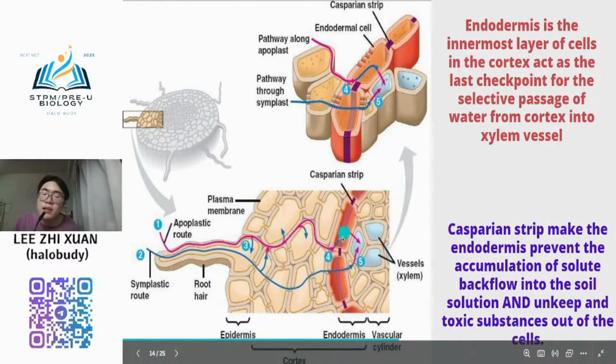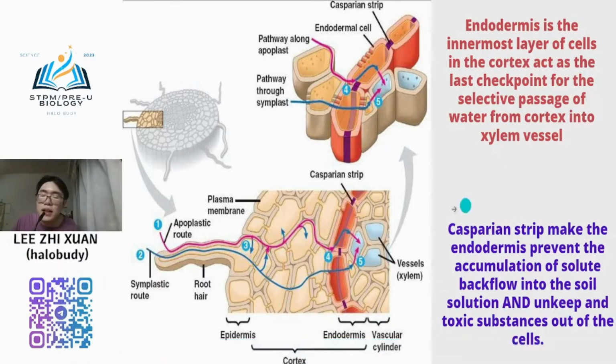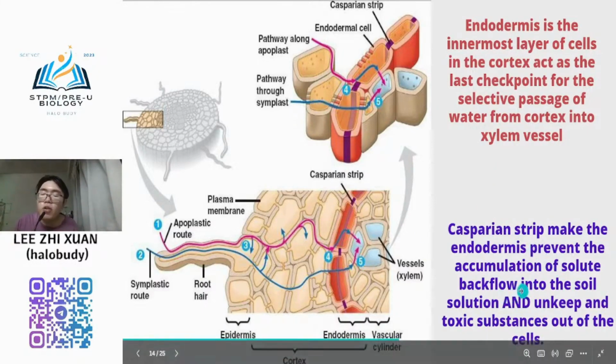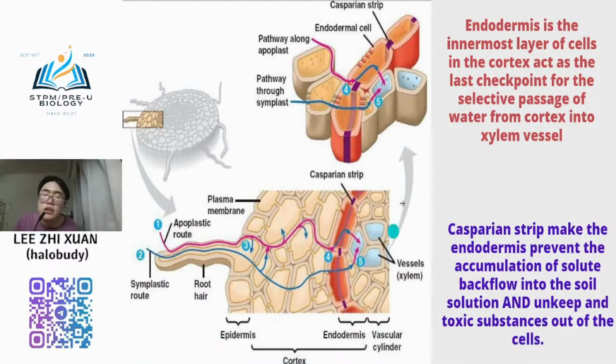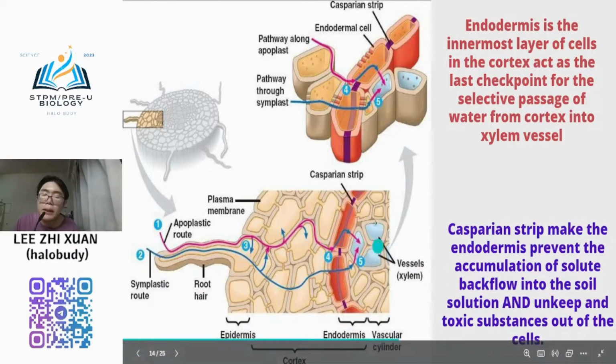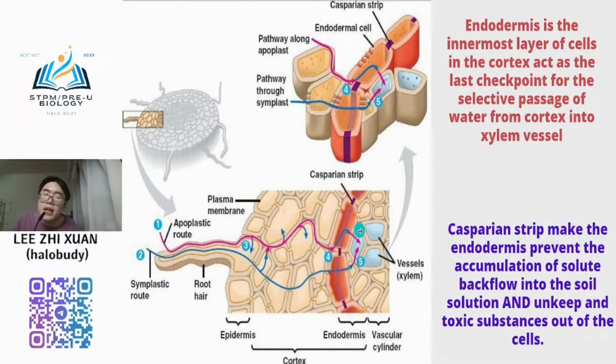So I already said the endodermis is a last checkpoint. The Casparian strip can prevent the accumulation of solute backflow into the soil solution. Maybe the solute particles accumulate here, and in a general situation, to reach equilibrium, the solute particles would diffuse out from the plant cell.